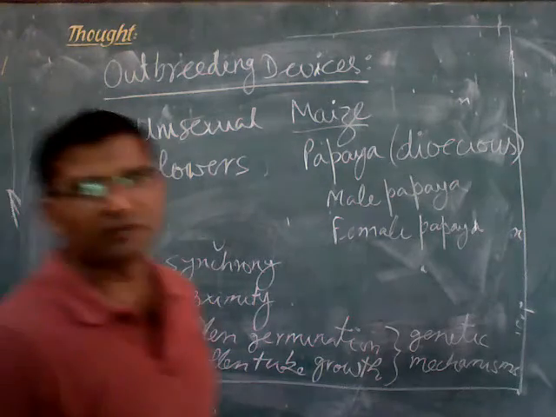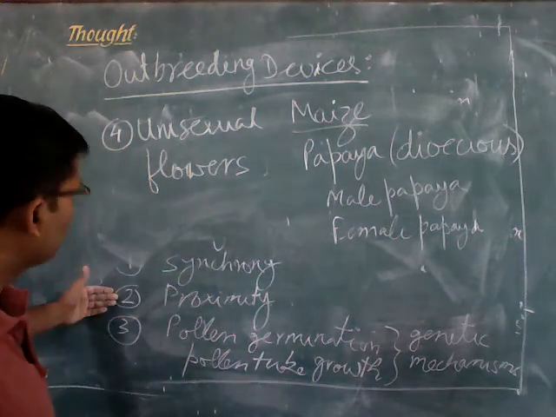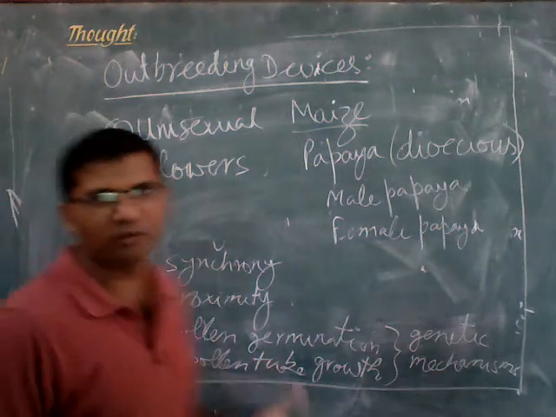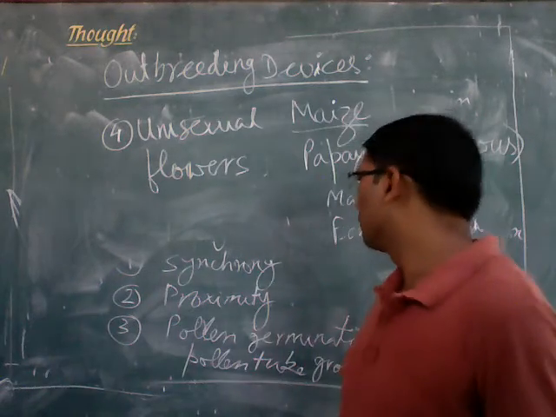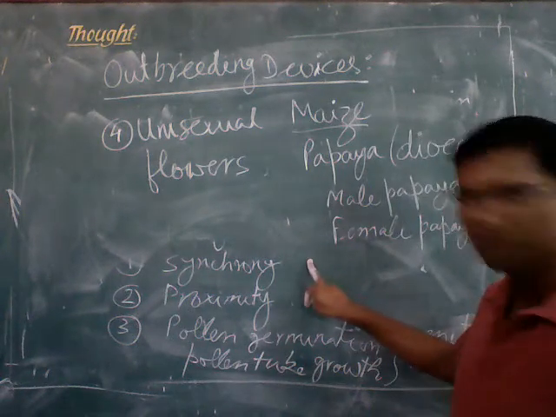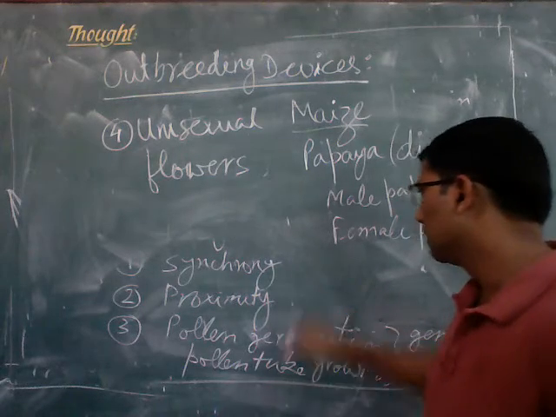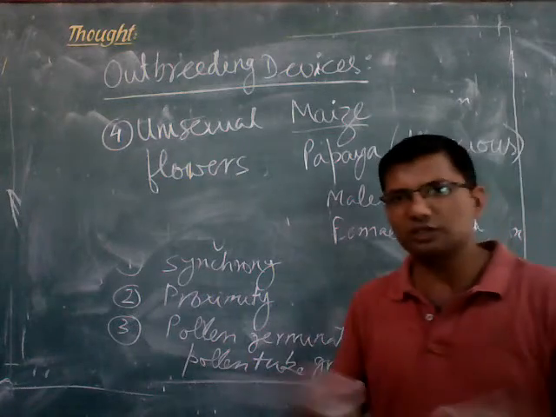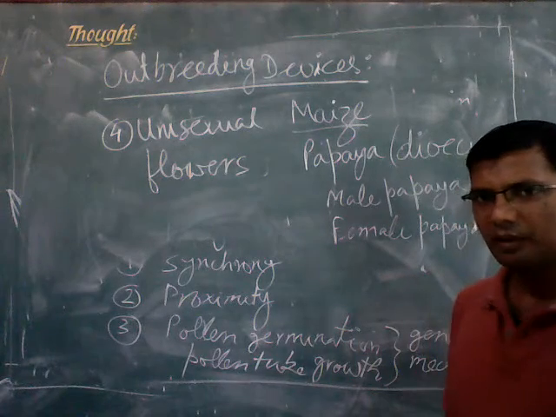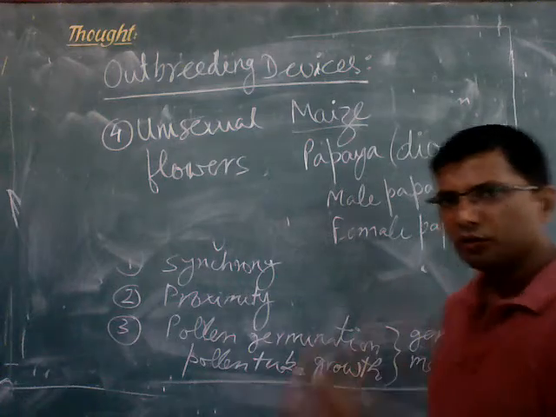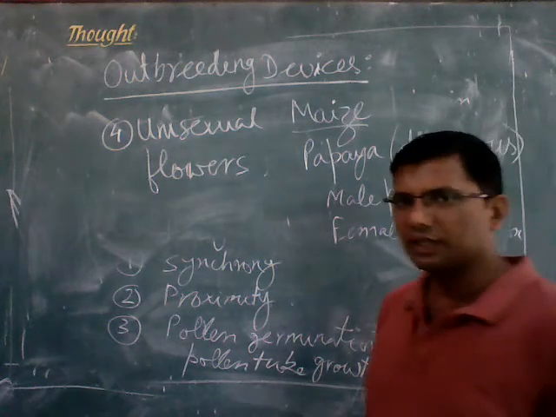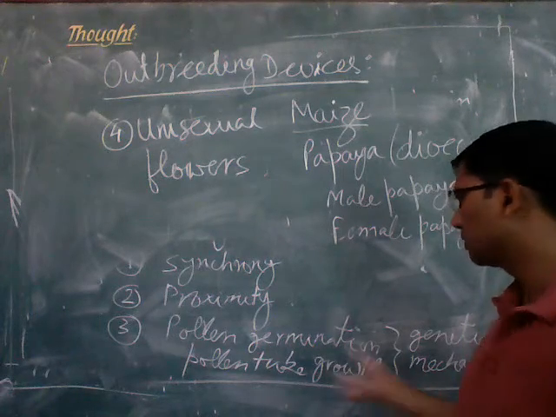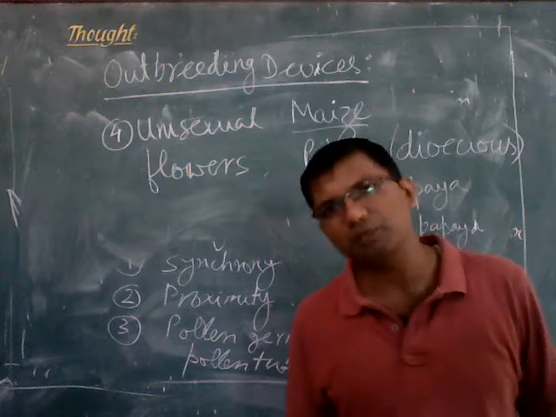So now we have seen the different ways in which nature has evolved to solve this problem of inbreeding depression. It may avoid the synchronous development of the male and female parts. It may avoid the physical closeness of the anther with the stigma, so that the pollen grain does not reach the stigma even in a bisexual flower. Then there are genetic mechanisms which can inhibit pollen germination and pollen tube growth.